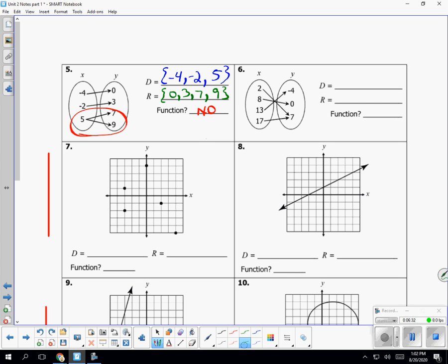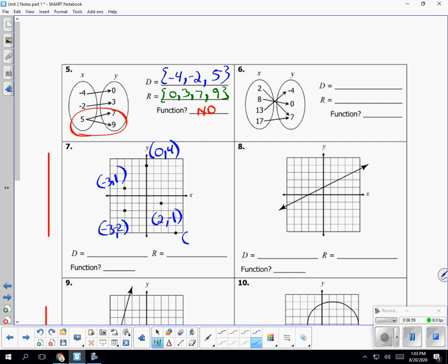Okay, so let's take a look at number 7. I'm going to write my ordered pairs for these. This one right here is going to be -3, 1. This one down here is going to be -3, -2. This one up here is going to be 0, 4. This one right here is going to be 2, -1.